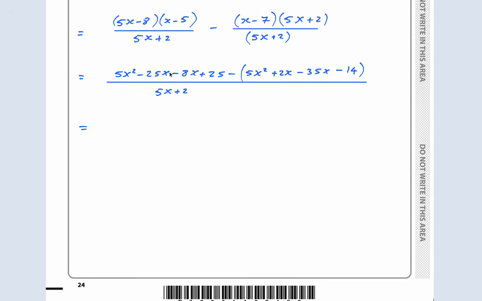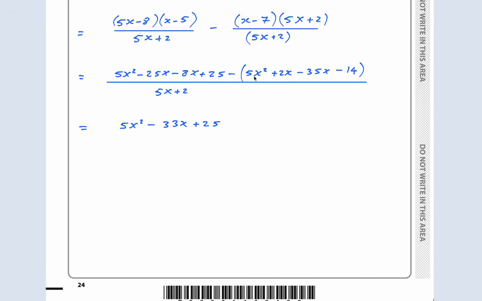Getting there. So actually I see something nice that is going to happen. So this is 5x squared, minus 25x minus 8x, that is minus 33x, plus 25.